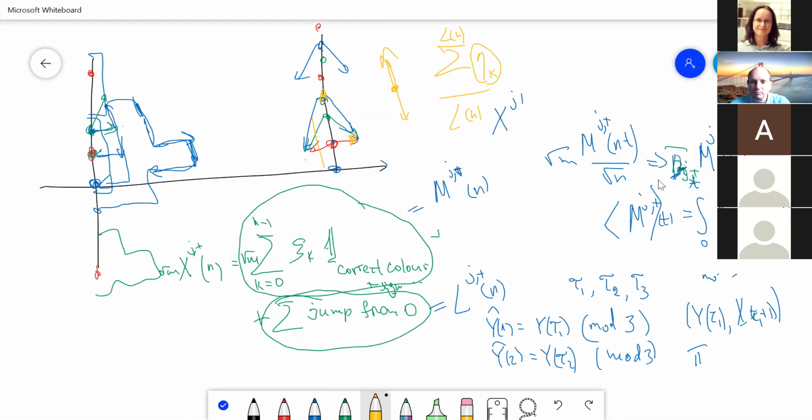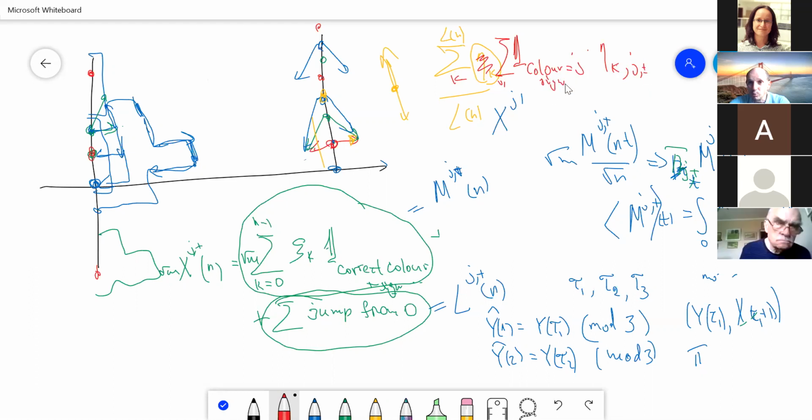To write it more correctly, it's like the following: a sum over color equals j, and sign for different signs, times eta k and j, plus or minus, where k is an instant of time, j is the corresponding color, and plus or minus is the corresponding sign.